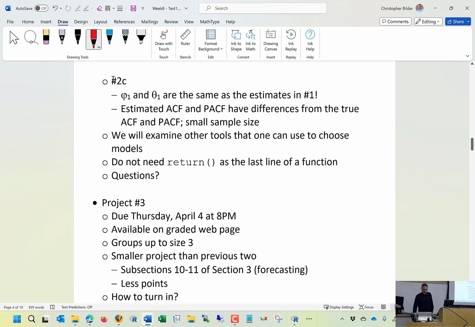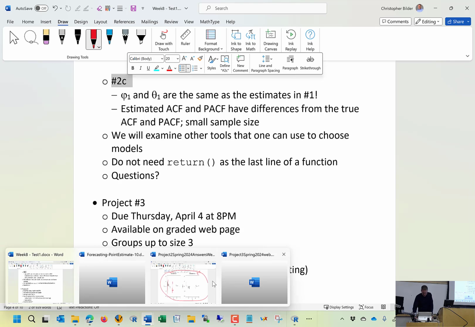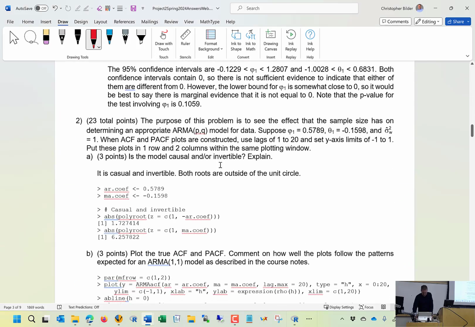Okay, so on number 2, the purpose here was so that you could see the effect of sample size. You might imagine that the larger your sample size is, the more these estimated ACFs and PACFs will look like what they should, in terms of the true ACF and the true PACF.